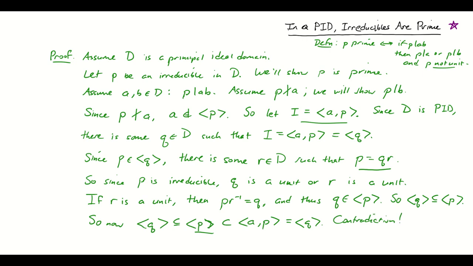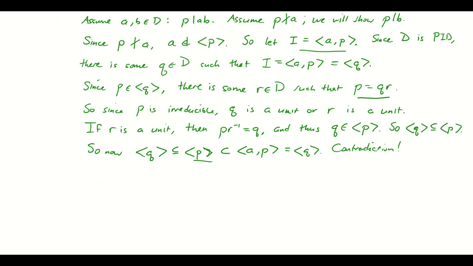So this can't be the case. R cannot be a unit. So that leaves the other possibility, which is that Q is a unit. So Q must be a unit.